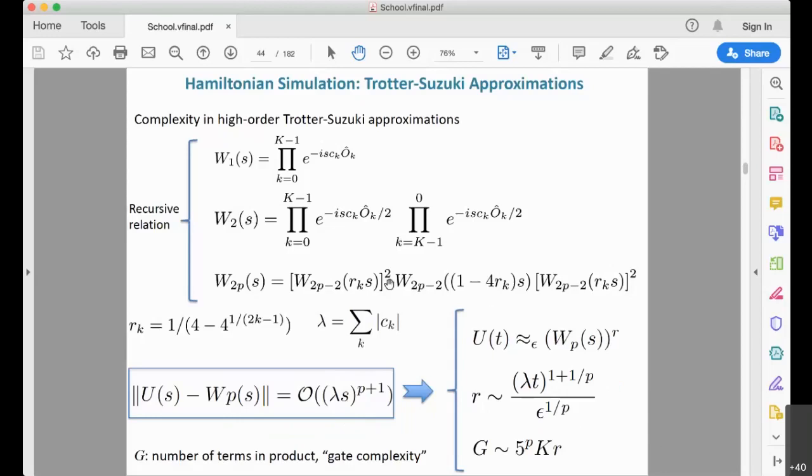There is a square, so it's 5 times the previous one. Roughly, the gate complexity is going to go with 5 to the p from the recursion, times k, because each of the product formulas involves the k elements in the Hamiltonian, times the number of segments, this Trotter number here.